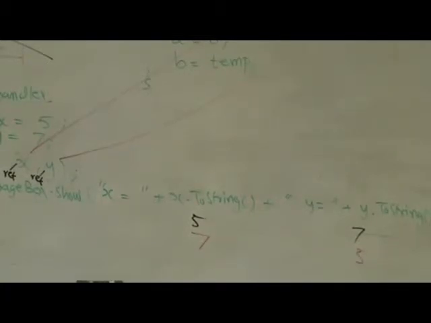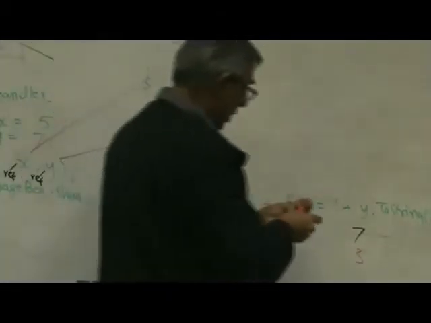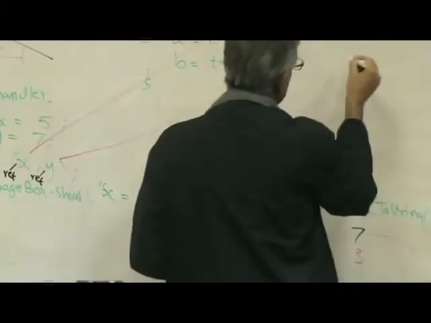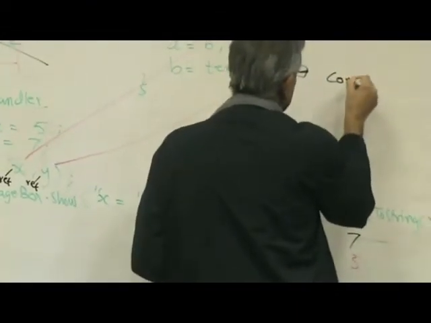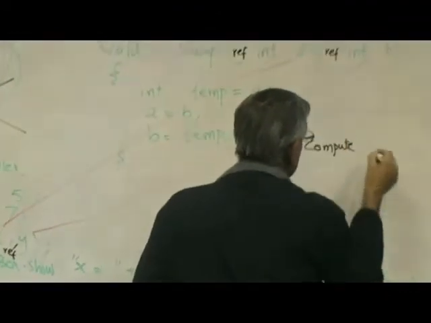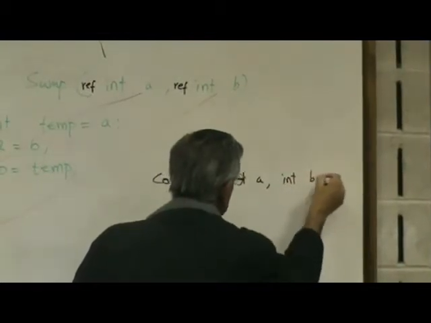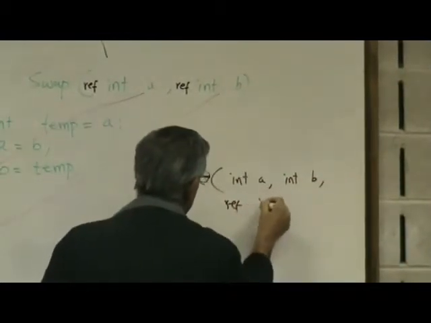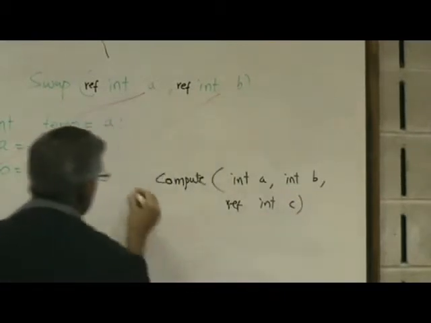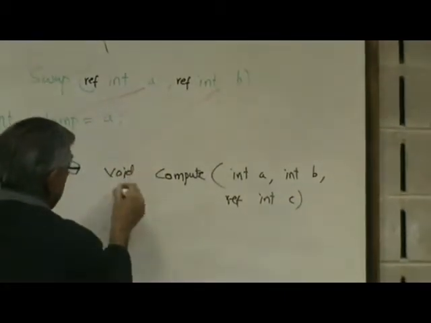Okay. So to give you another example, suppose I asked you to write this compute function, and it looks like this: int A, int B, ref int c, and void, right?